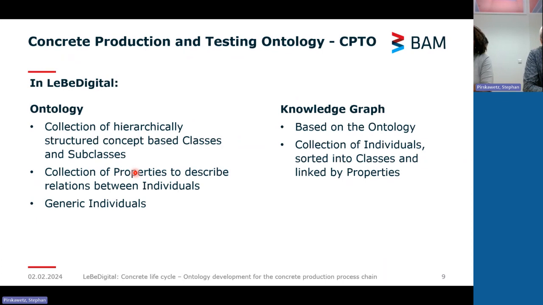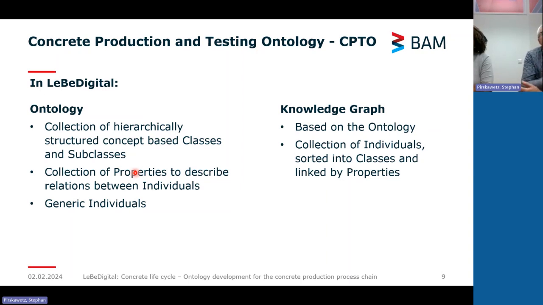And in our ontology, we added a set of generic individuals, mainly to describe different types of cements. But these generic individuals can also be found as units, for instance, in the QDT ontology.